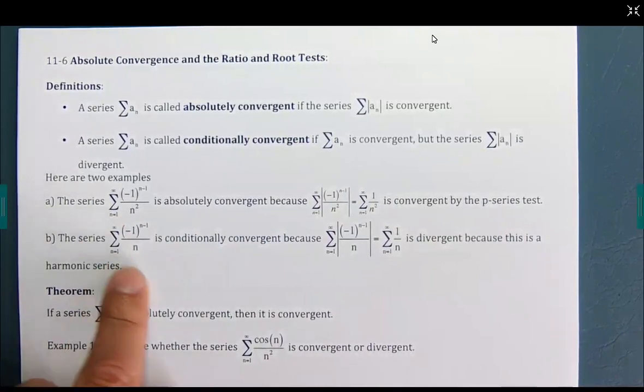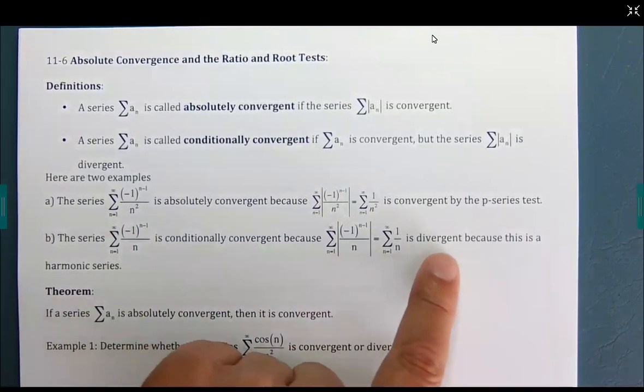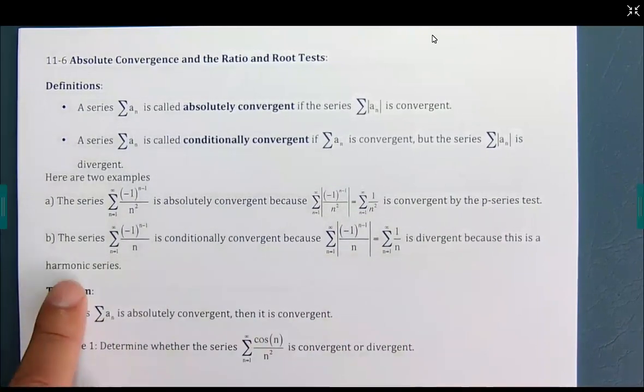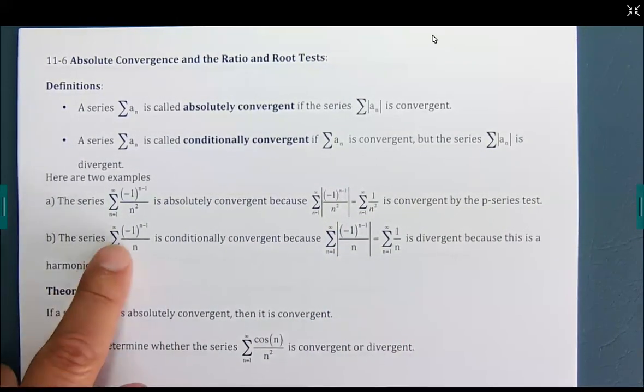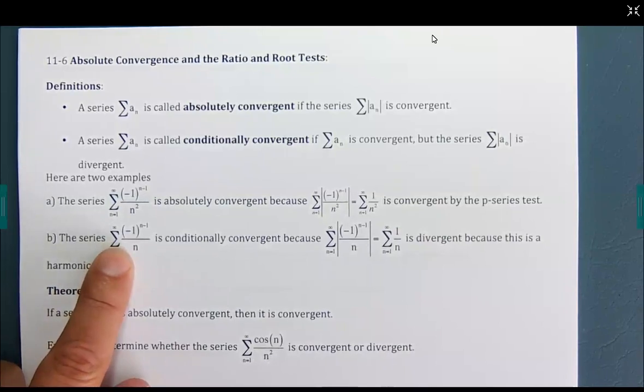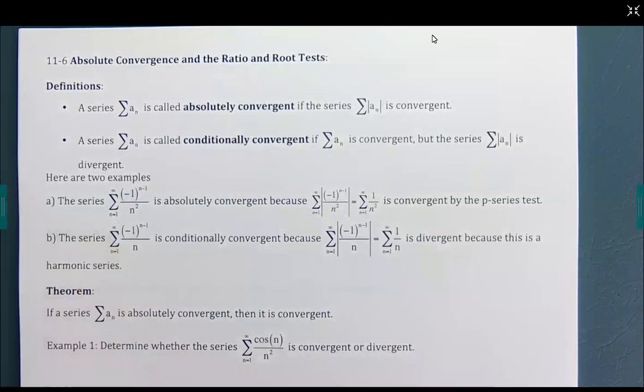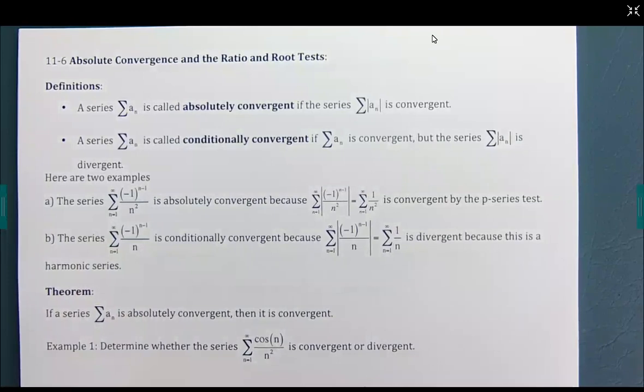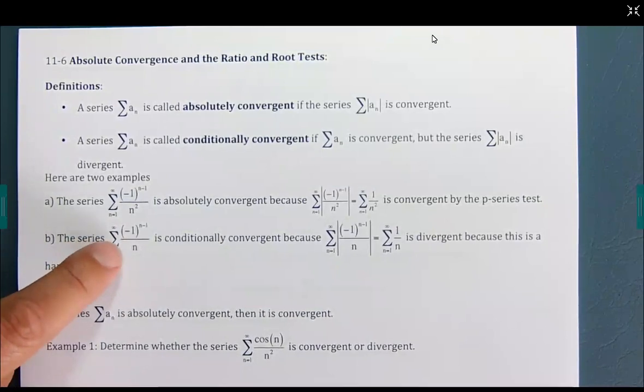Now this one here, when we take the absolute value, is divergent because it's a harmonic series. However, if we were to run the alternating series test, we would note that b sub n is 1 over n, and that limit goes to 0 and it's decreasing.